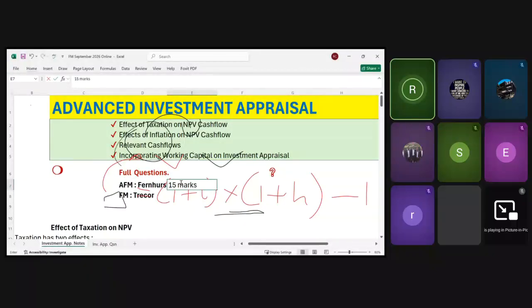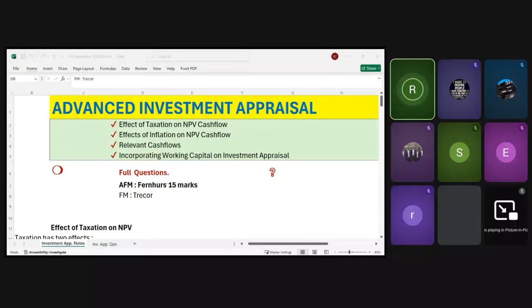Everything that we have covered, you'll find there: incorporation of inflation, taxation, working capital movement, and so on. With the FM guys, I'll send through more and more questions so that we can practice. There's no reason for us not to be doing revision, because we have covered what is key for your exam.